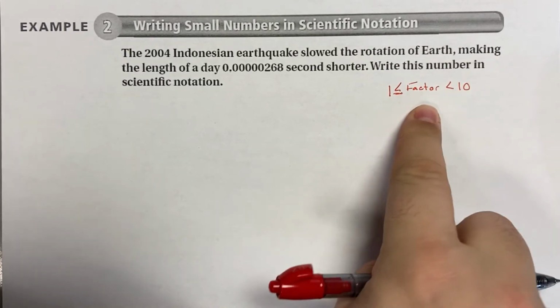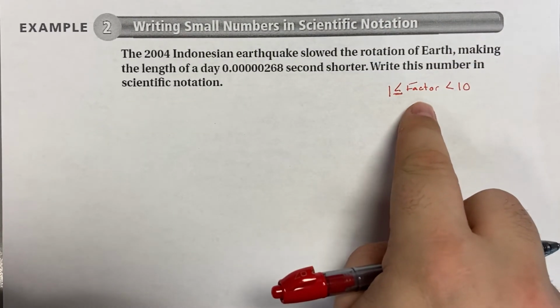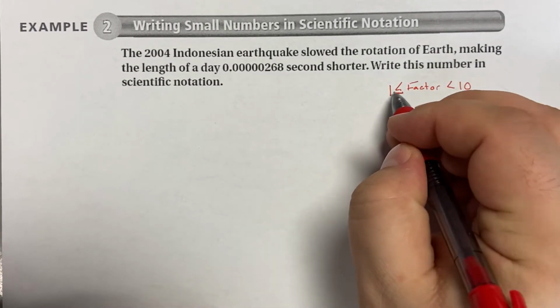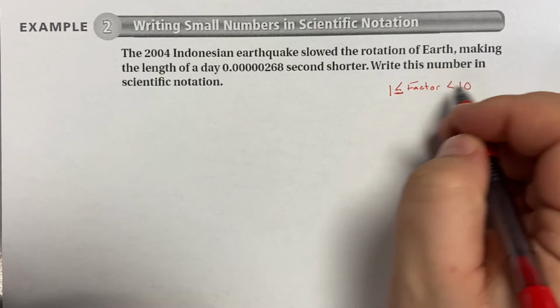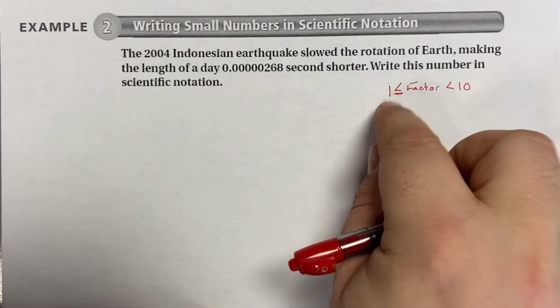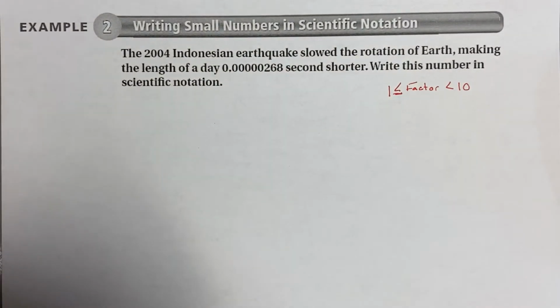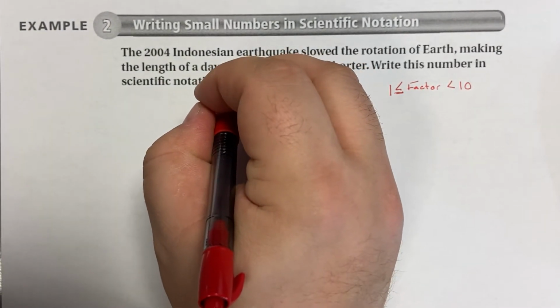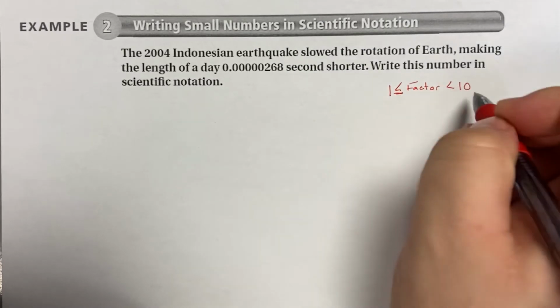You don't have to worry about writing this, but just know how to read it: the factor is greater than or equal to 1, but less than 10, or between 1 and 10, including 1. So I've got to get this number to have a factor that's between 1 and 10.